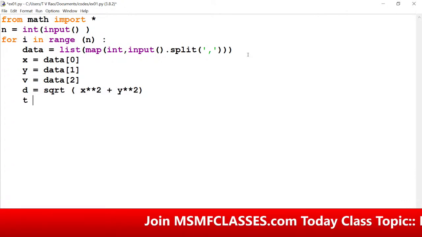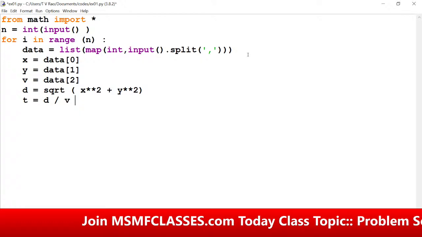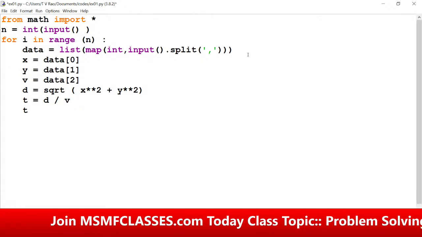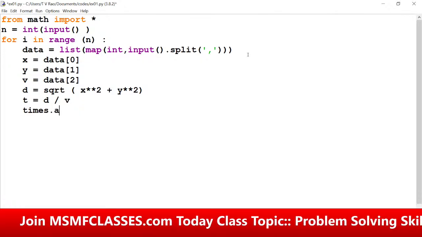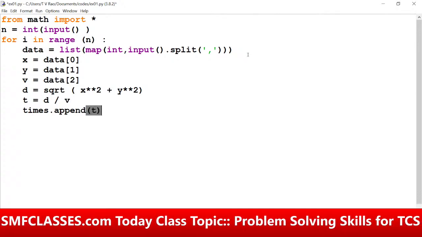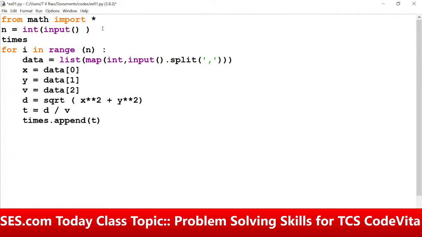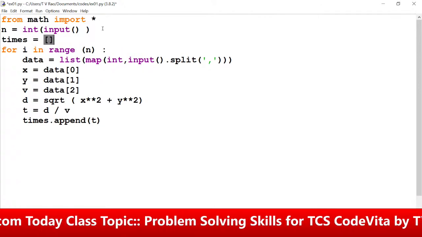Now time is equal to distance by velocity. Now have a list and append all the times in it. Times is a null list.